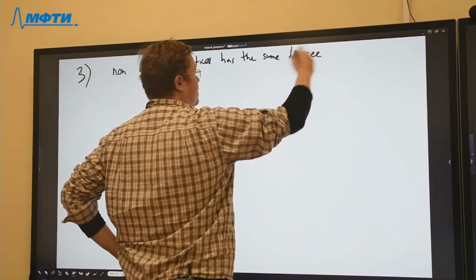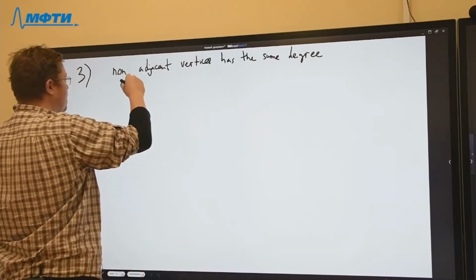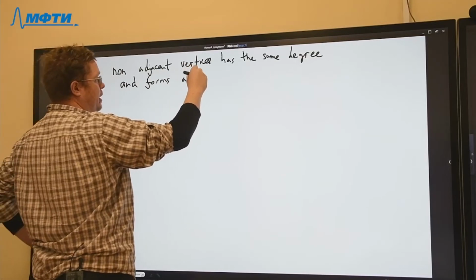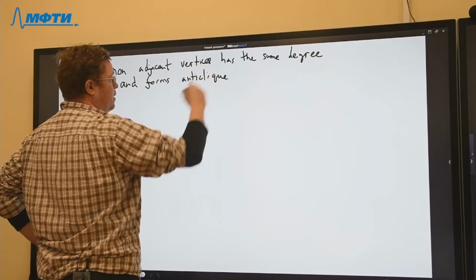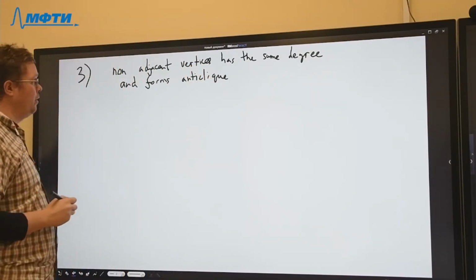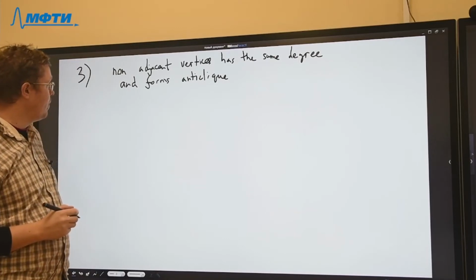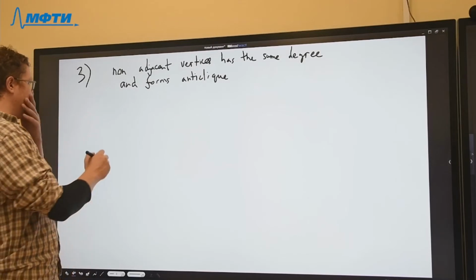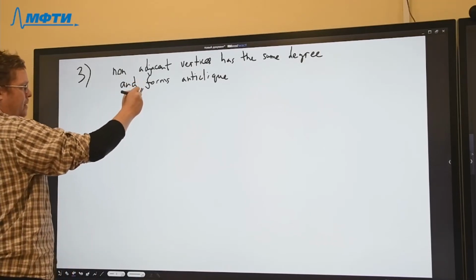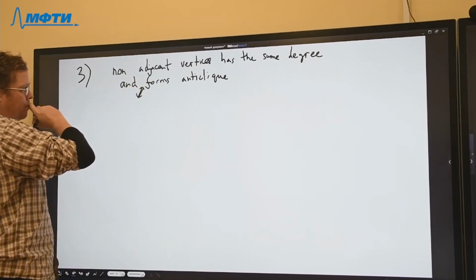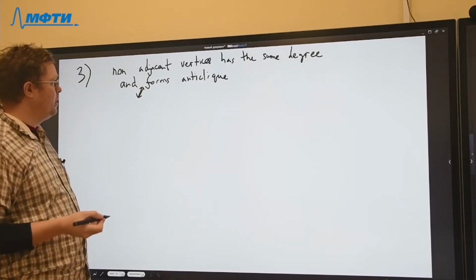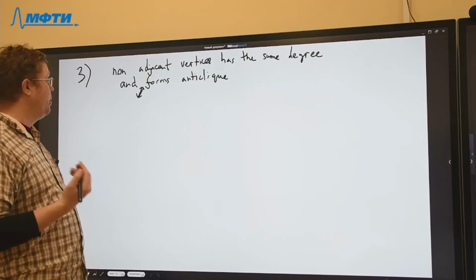And second, it forms an anti-clique. It means that if we have non-adjacent vertices, we can say the same in different terms: non-adjacency is an equivalence relation.